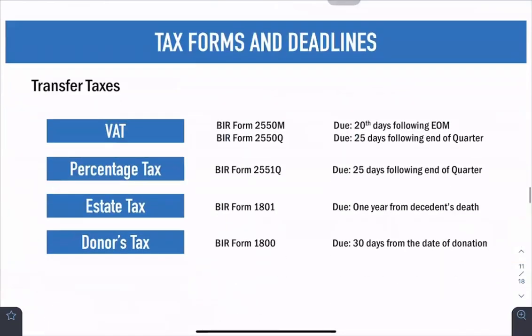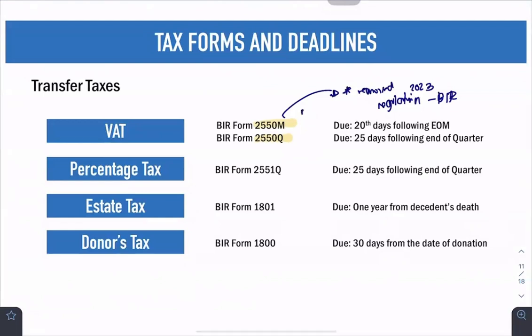Next, transfer taxes. You know this one already. For VAT, 2550M and 2550Q. But take note, 2550M is already removed as of 2023. However, there is a BIR regulation that taxpayers can still file monthly using 2550M. But is it required?